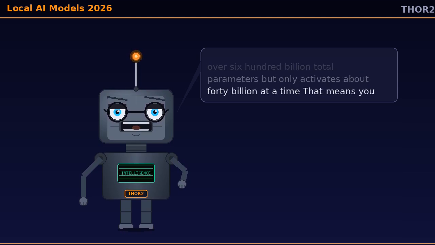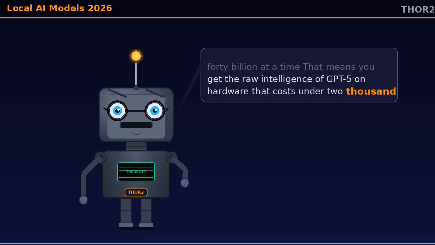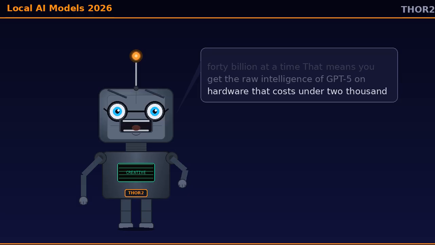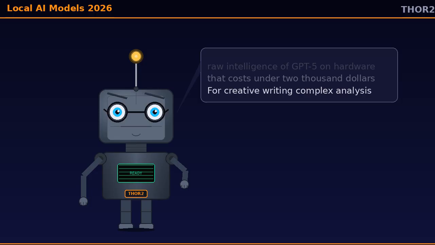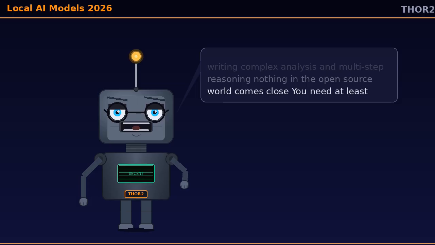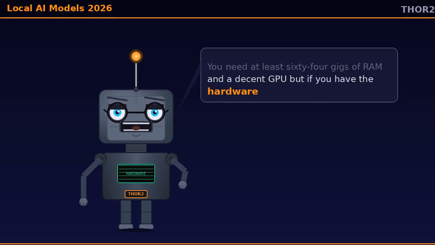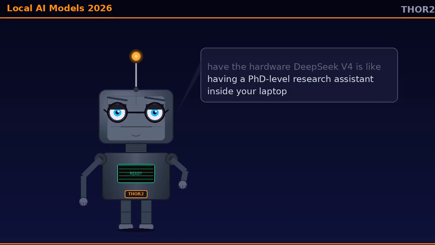That means you get the raw intelligence of GPT-5 on hardware that costs under $2,000. For creative writing, complex analysis, and multi-step reasoning, nothing in the open source world comes close. You need at least 64 gigs of RAM and a decent GPU, but if you have the hardware, DeepSeek V4 is like having a PhD-level research assistant inside your laptop.